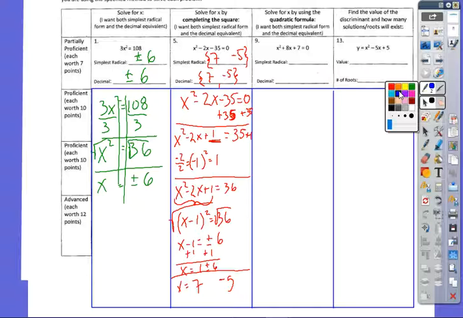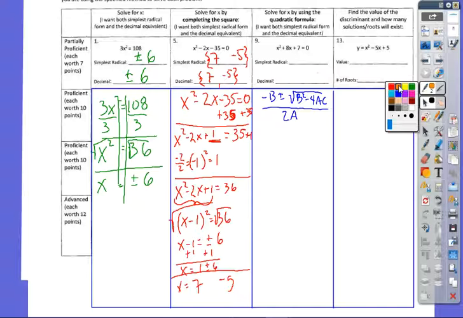All right. Problem number 9. Solve by using the quadratic formula. Now, I know the quadratic formula is as follows. Negative b plus or minus the square root of b squared minus 4ac all over 2a. All right, so now we have our quadratic formula, and from there we can solve this.